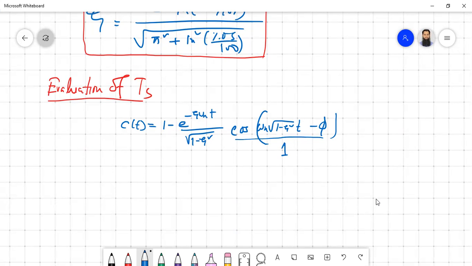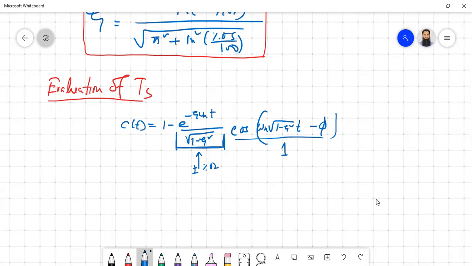So now, next thing is this value is the decaying amplitude. So whenever this amplitude is within plus minus 2%, we can find out when it is happening, and that corresponding time is actually the settling time.